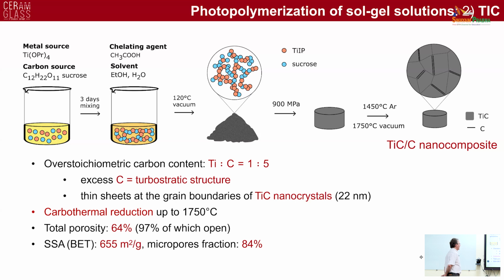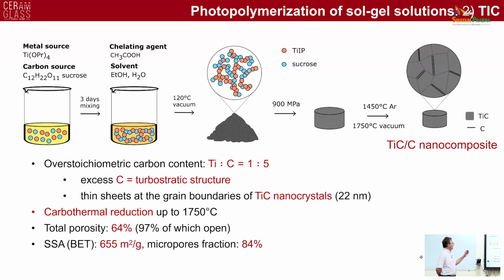So we were quite over stoichiometric in terms of carbon, and the graphitic carbon generated thin sheets at the grain boundaries of titanium nano-sized crystals with a size of about 22 nanometers.